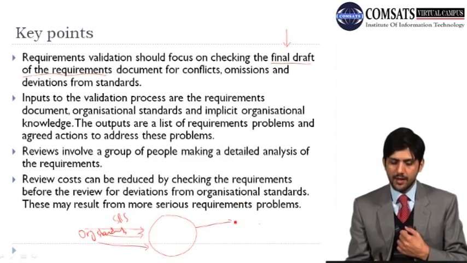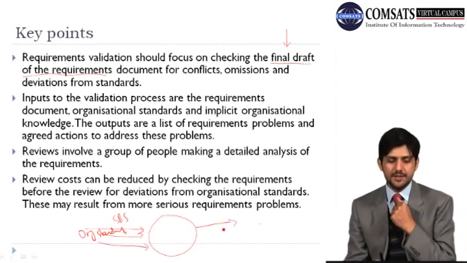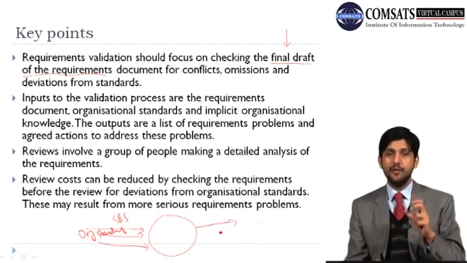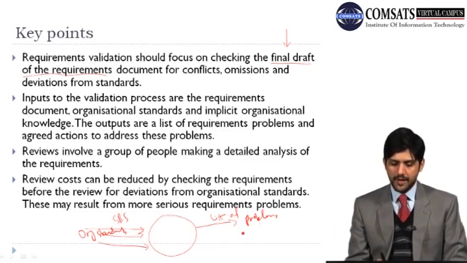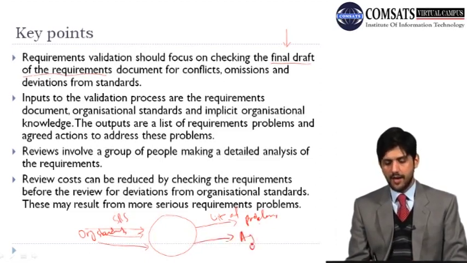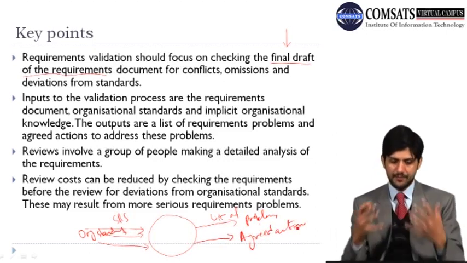And what are the outputs of this validation process? The outputs are a list of requirement problems. So we have a list of all the problems that we have found, and the second output is agreed actions that would be taken against those problems.